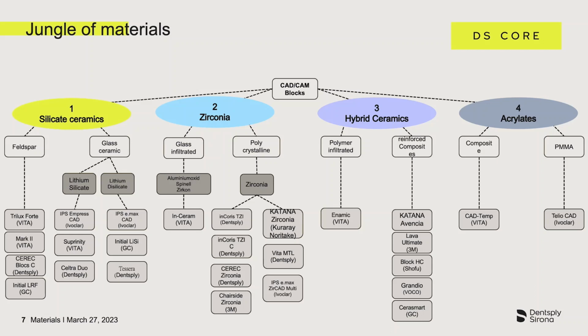In other words, the main component in these materials is not glass or glass ceramic, but composite. To put it bluntly, these are not true hybrid ceramics. We divide the fourth group of acrylates into composites and PMMAs. Here we find well-known names such as VITA CAD-Temp or Telio CAD.